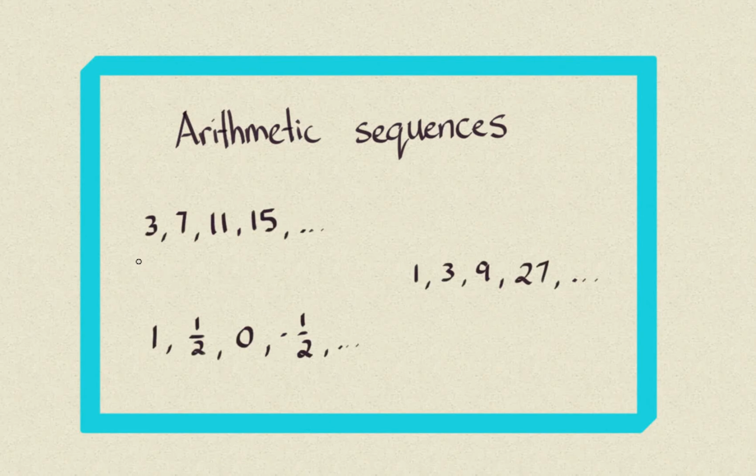So the first one here, let's look at what's happening as we go from one term to the next in the sequence. We can see that the pattern is we are adding 4. What about the second sequence that we have over here?